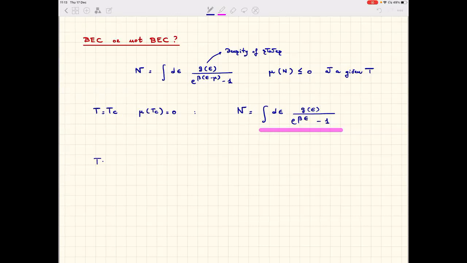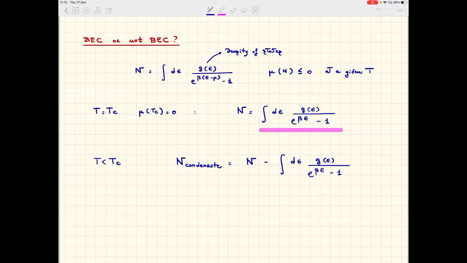Well, for temperature smaller than Tc, the number of particles in the condensate is equal to the total number of particles minus integral d epsilon g of epsilon divided by e to the beta epsilon minus 1.